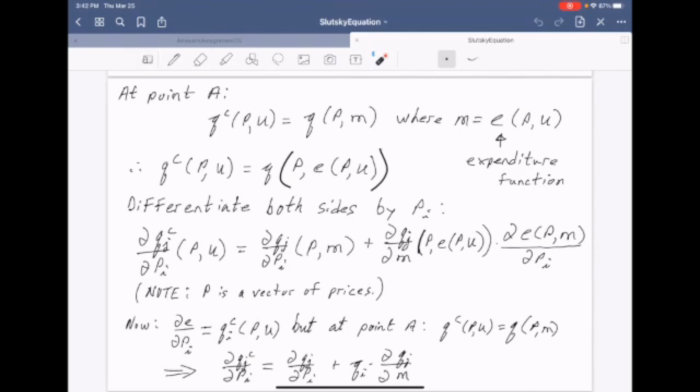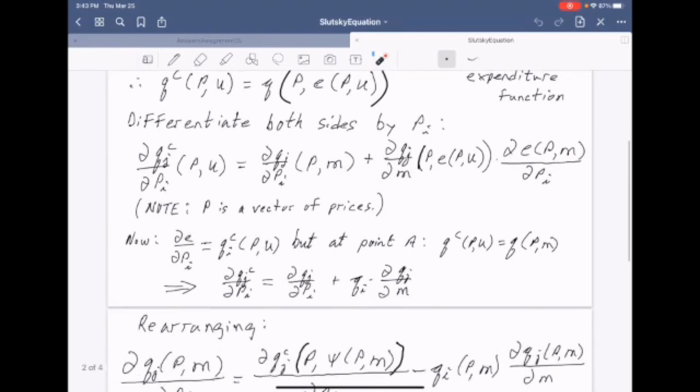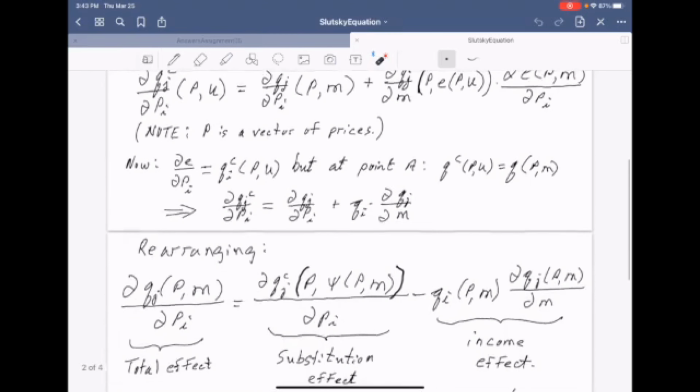So we first take the partial of the compensated demand for J with respect to Pi, and that's equal to the partial of the ordinary demand for J with respect to P, plus the partial of the ordinary demand for J with respect to M multiplied by the partial of the expenditure function with respect to Pi. Note that P is a vector of prices.